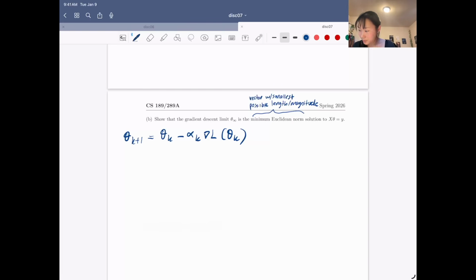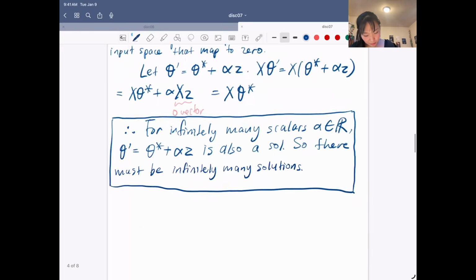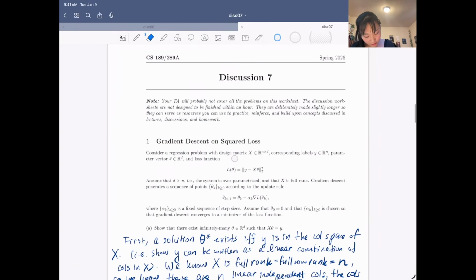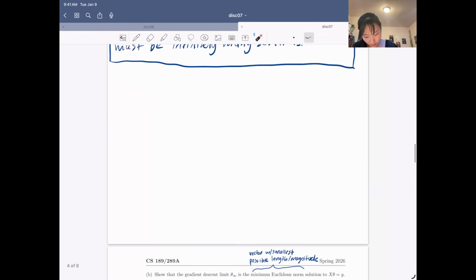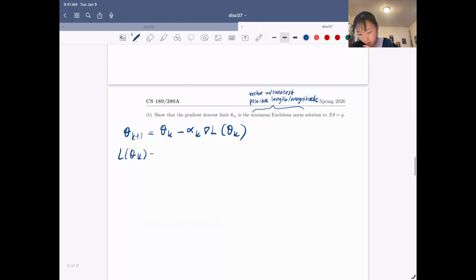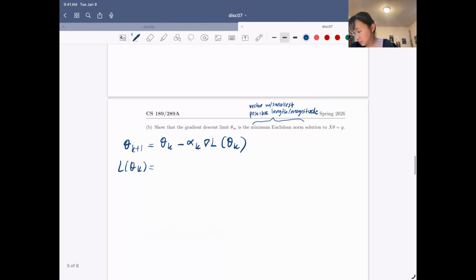Okay, and so the loss at theta k, if you look at the problem, our loss is given as this guy right here. And so we have the loss is equal to y minus x theta k squared, which is equivalent to y minus x theta transpose times y minus x theta.